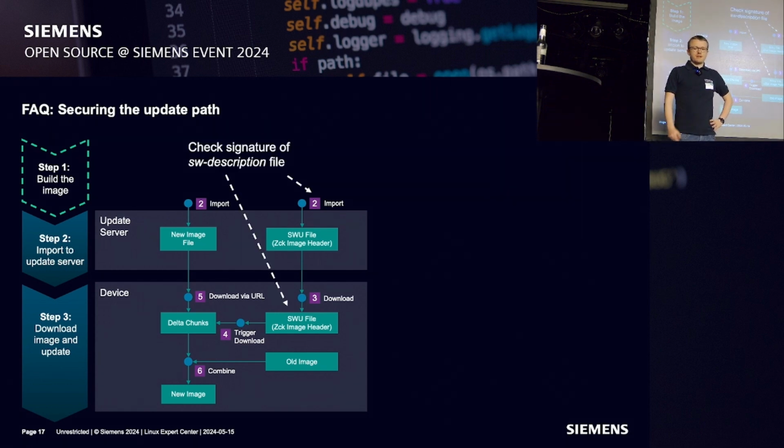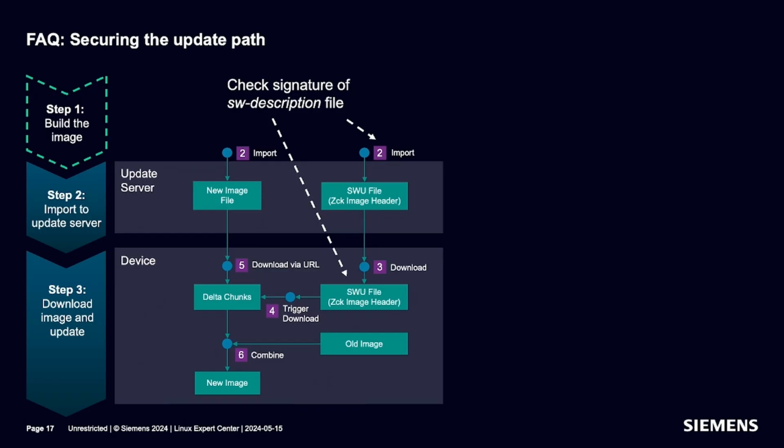The first thing that is done when downloading the update is that the signature of this SWU file is checked by the client. And only if it's valid, the update process continues. That's the same for both the full update as well as for the delta update.